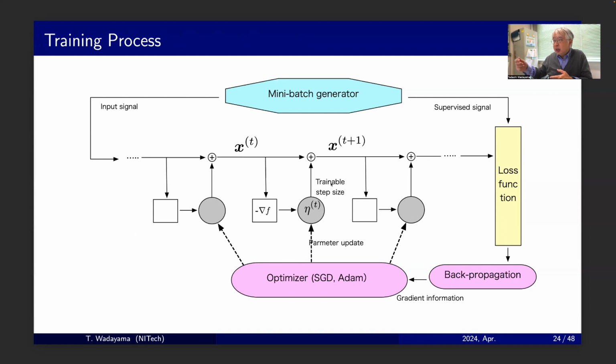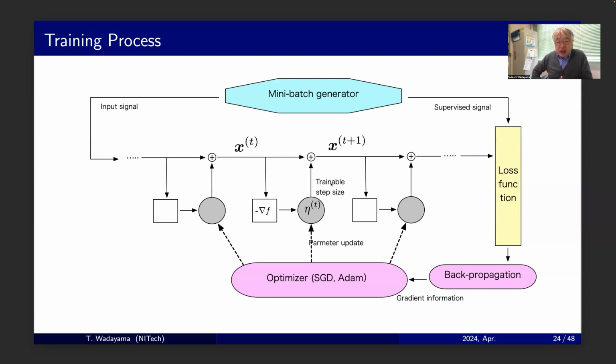The loss function gets the input from the mini-batch generator. This is a supervised signal, and the loss function also gets the input from the output of this gradient descent algorithm. In this case, we use the mean squared error, MSE, loss function.